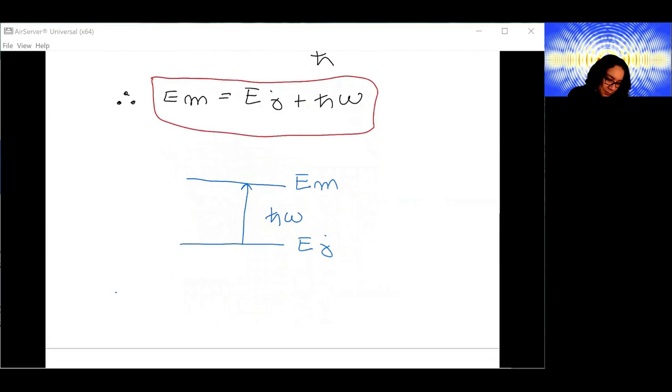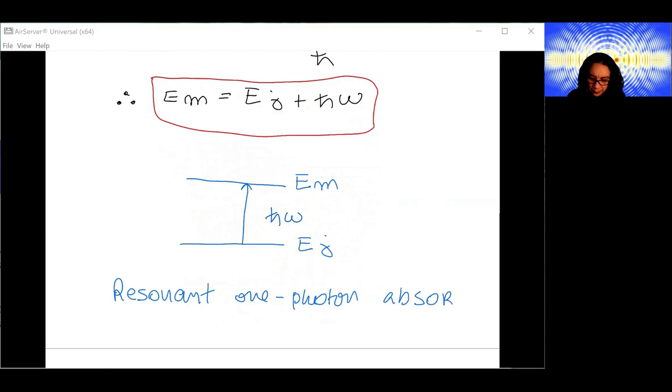So this is an absorption, a resonant one photon absorption process. Why resonant? Because I'm imposing that this frequency has to be equal to this energy difference multiplied by h bar.